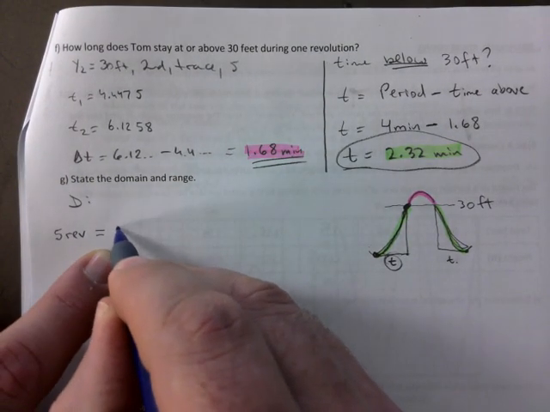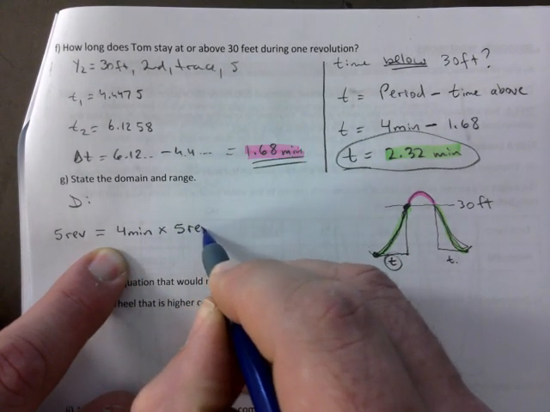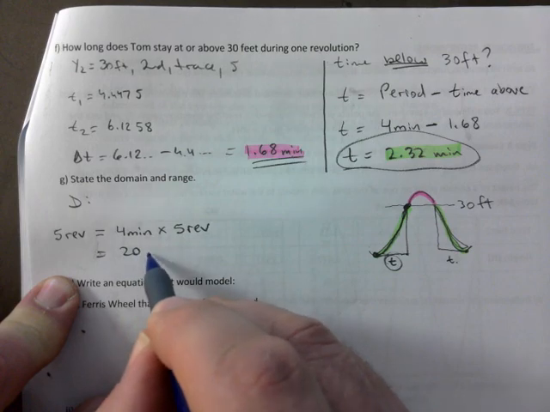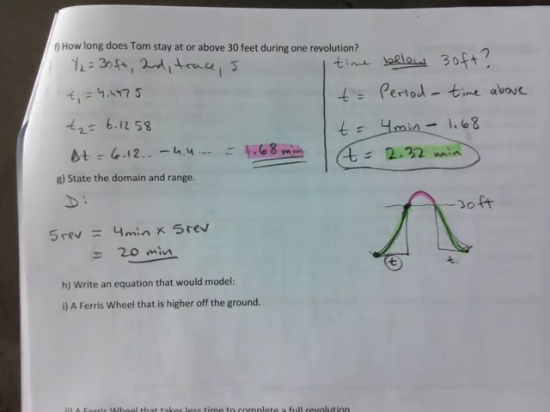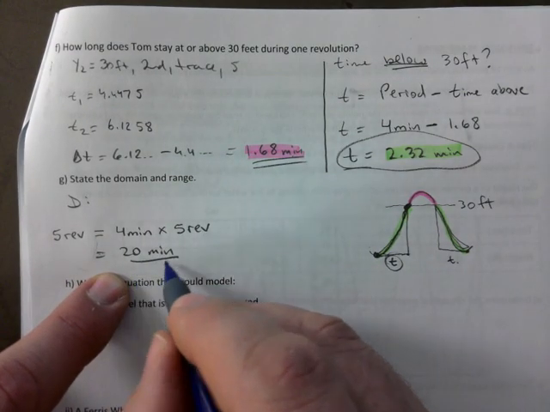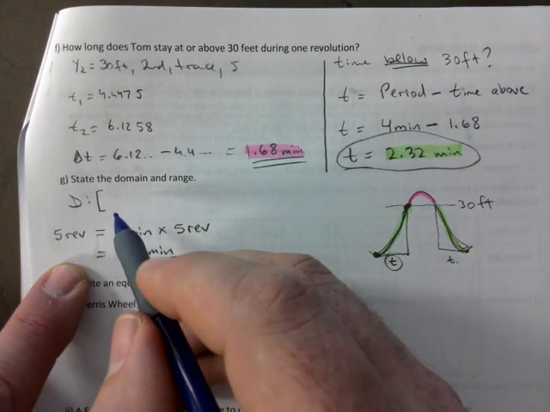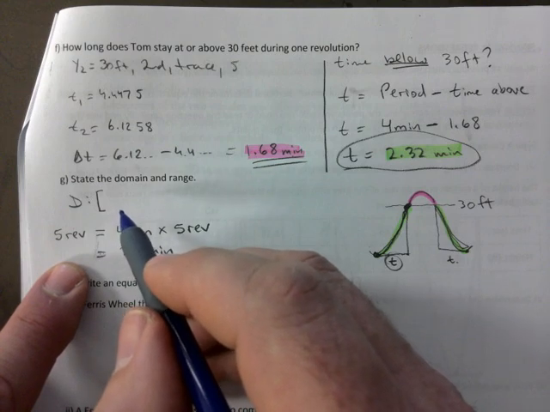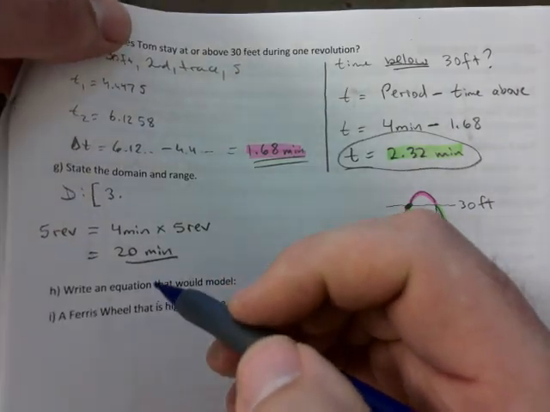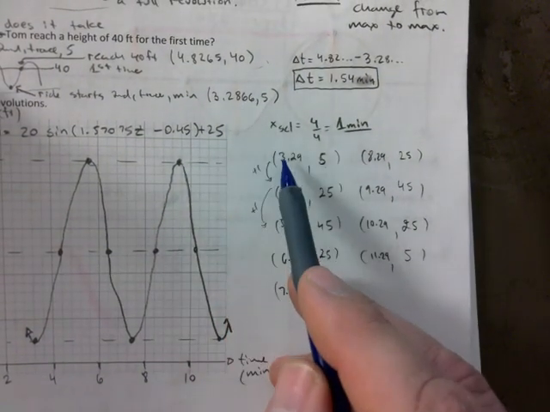It will tell you that it's 4 minutes times 5 revolutions, right? So that means that there's a total of 20 minutes that will have gone by the time the ride is over. So it tells you that we're starting at a time. What time do we start at? Can you help me out? Is it 3.2566? 3.28 or 3.29, right?